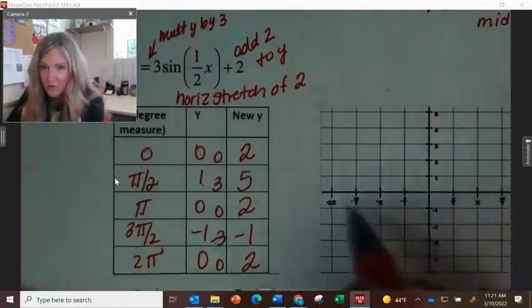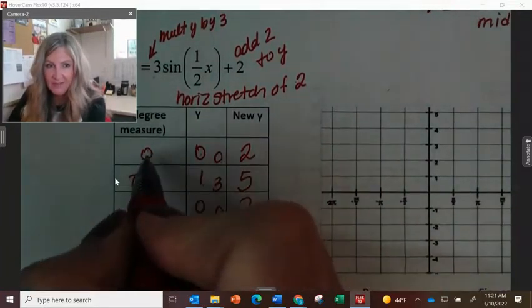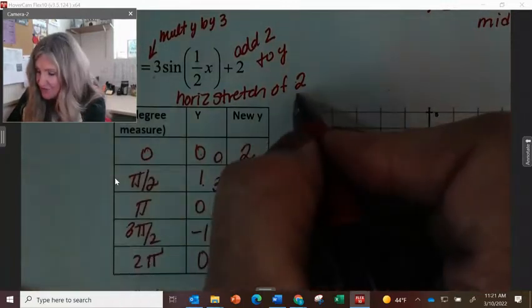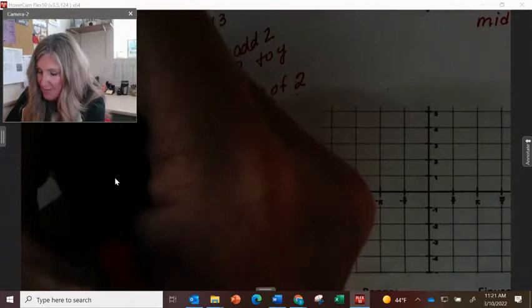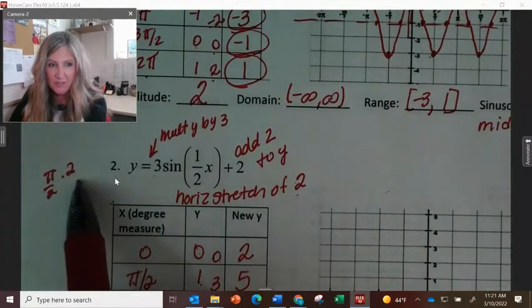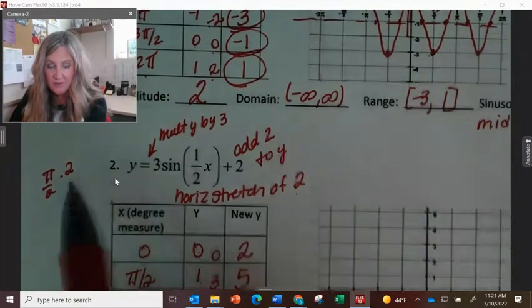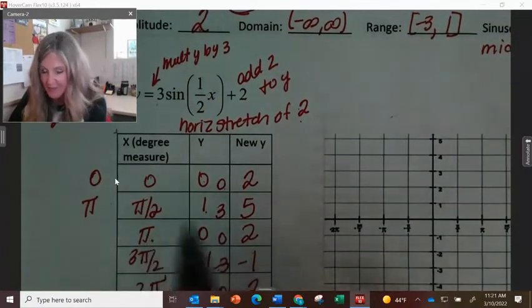See, x's deal with horizontal. Y's deal with vertical. So I'm going to have to take this x and stretch it by 2. So multiply it by 2. Pi over 2 times 2. See this? This would give us 2 pi over 2. What's 2 pi over 2? Just pi. I have to multiply this by 2.